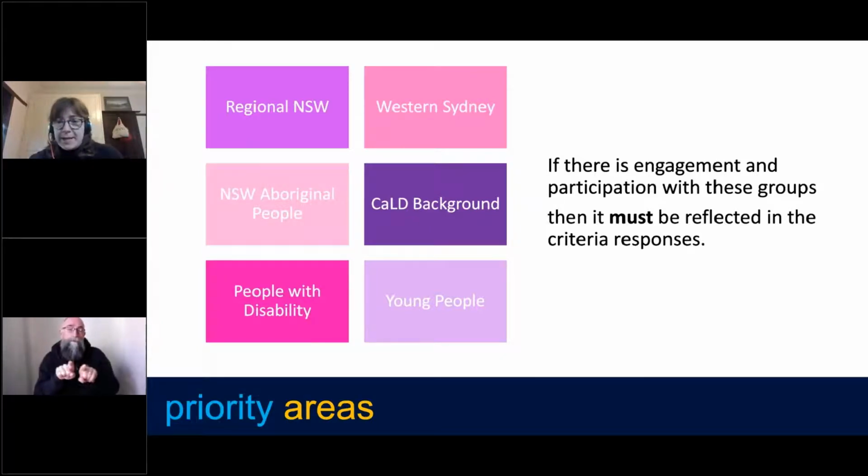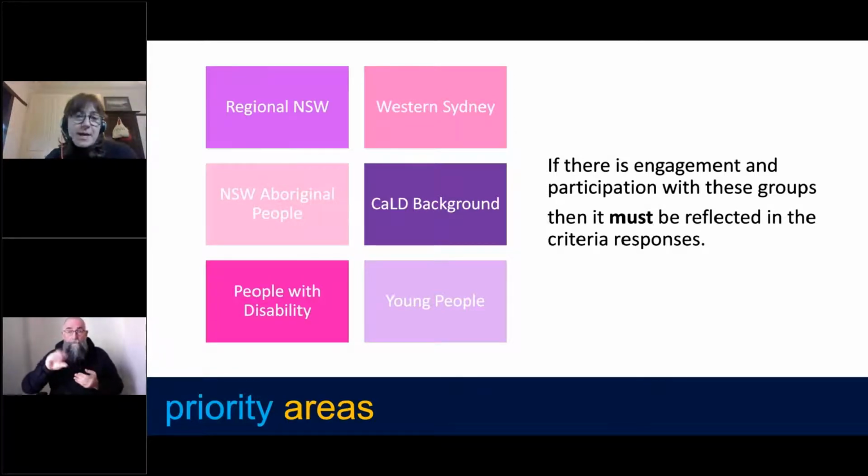So successful applications had a clear strategy in place for impact, which also included things like marketing and engagement. They identified gaps in the sector that the project or program would address, and they had letters of support from key priority areas that were being engaged.